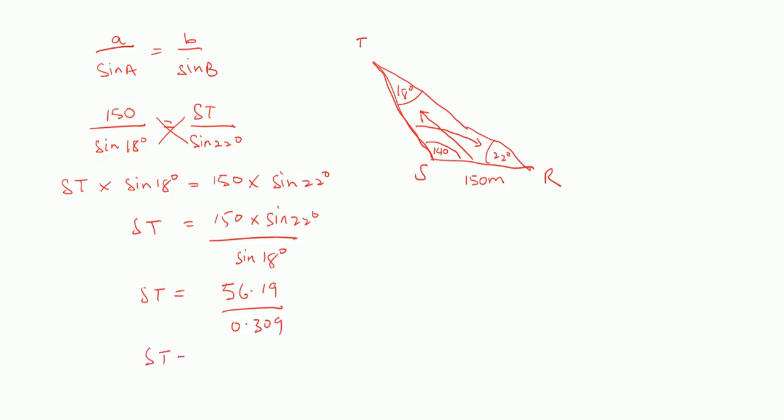Therefore ST is equal to 56.19 divided by 0.309, and that gives me 181.8 meters. So that is the length ST. All we did was apply the sine rule to this particular situation.